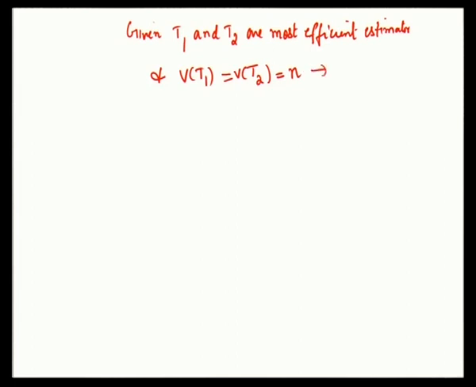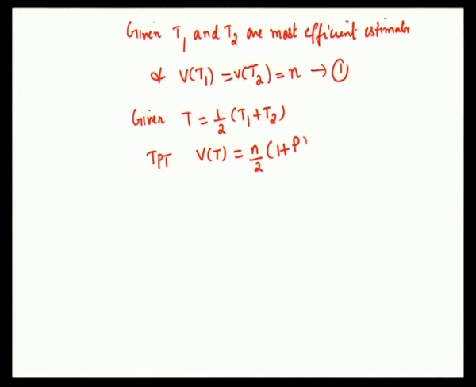Let me take this as equation number 1. Given T is equal to half of T1 plus T2, we have to prove that variance of T is nothing but n by 2 into 1 plus rho, where this rho is nothing but the correlation coefficient between T1 and T2. So these are the things given to us.